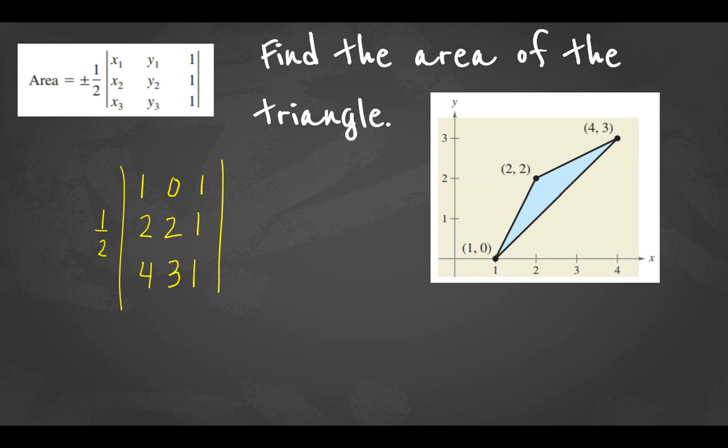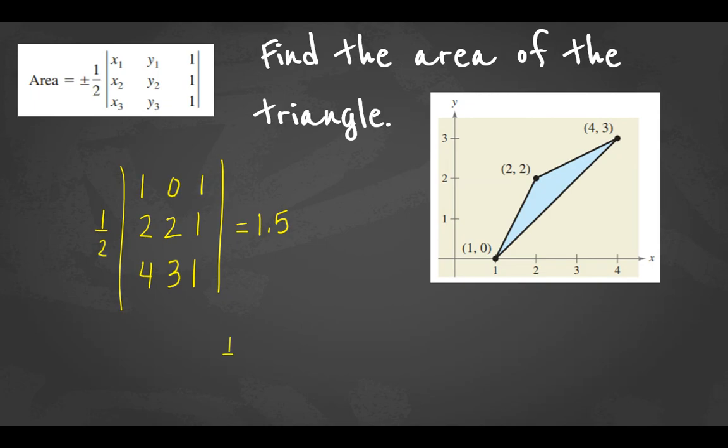This is a calculator question, so this will be on the calculator portion of your test. I do expect you to use a calculator. You do not have to do it by hand. All I do is put in the points, and there's already a column of all 1s on the right.